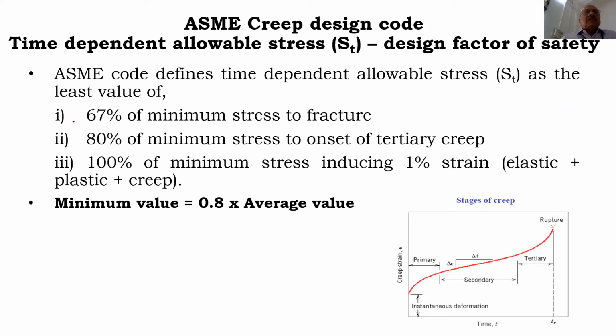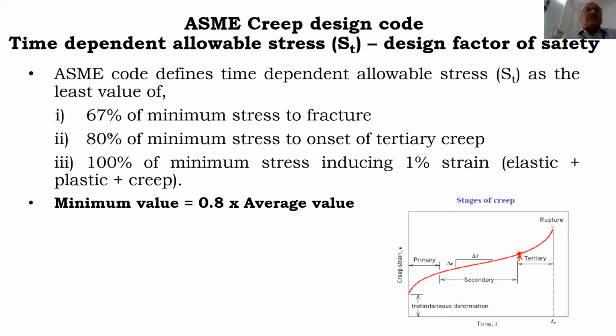Back to design, again the ASME code specifies that if you take a creep curve and you determine the rupture life, then you take 67% of the stress to cause fracture, or 80% of the stress to cause onset of tertiary, that is the stress at which the tertiary will start, or the full 100% of the stress to give 1% of the creep strain.